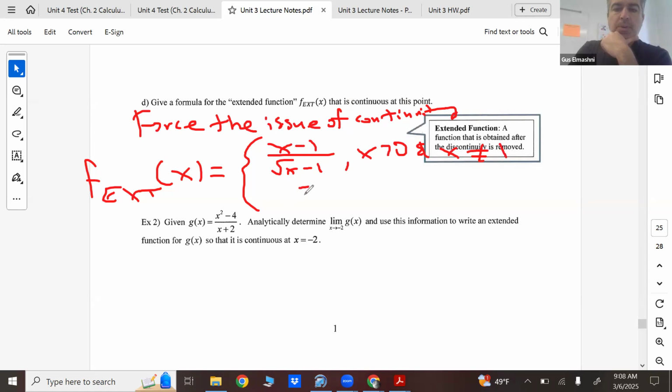And we'll put 2 when x equals 1. So obviously x has to be greater than or equal to 0. We know that, right? And of course x does not equal 1. But when x equals 1, we do that.